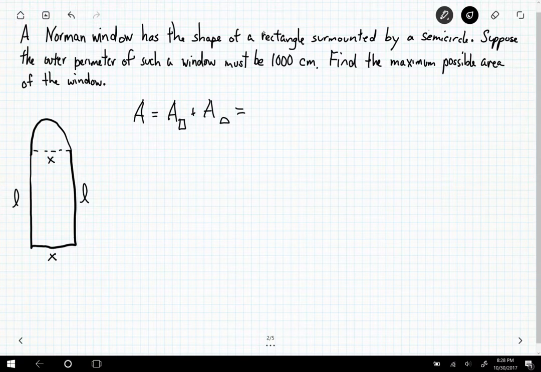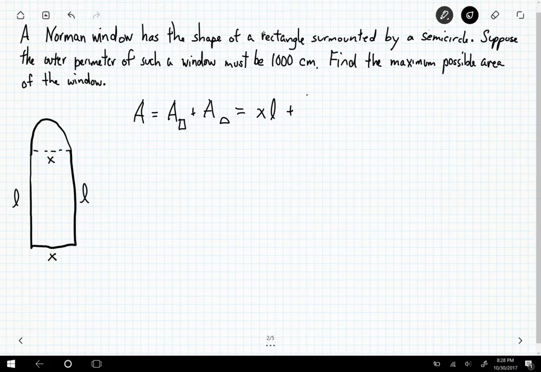According to this drawing, what's the area of the rectangle? Well, it would be x times L. Or I could put a W in here or an R in here. Whatever you want to use is fine. And then plus, notice if x is that distance, we're going to have the area of a semicircle.